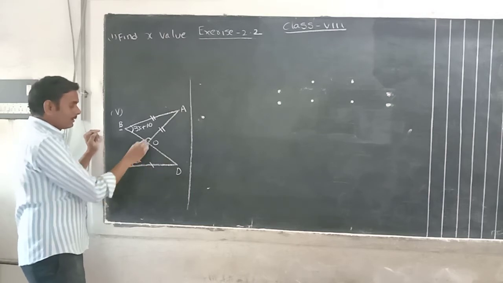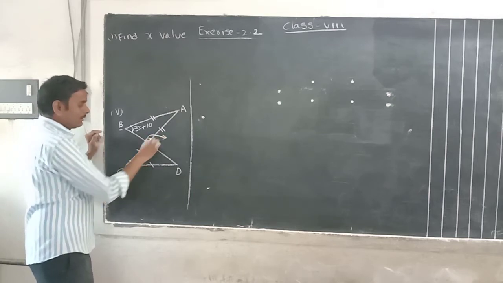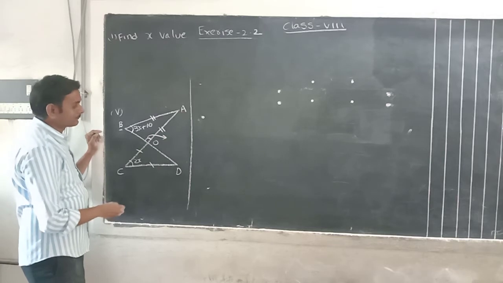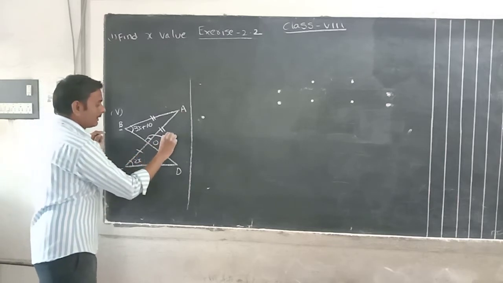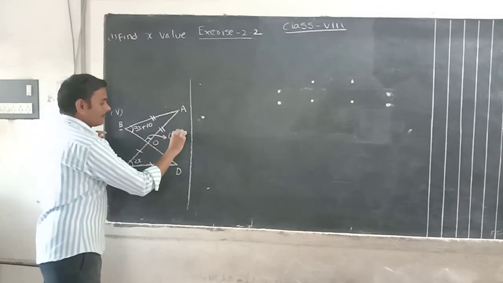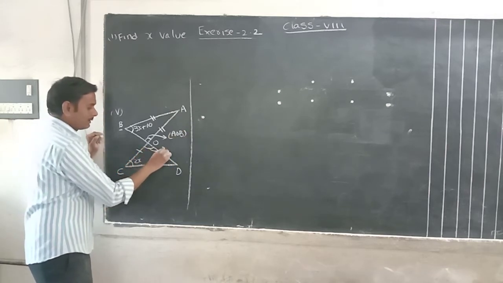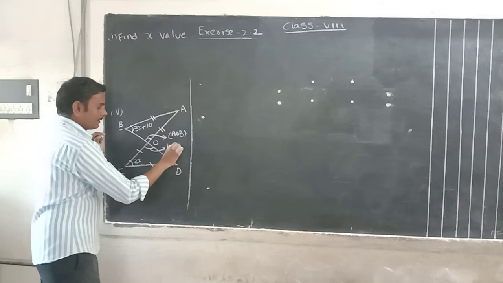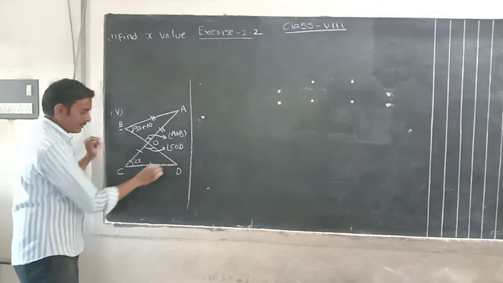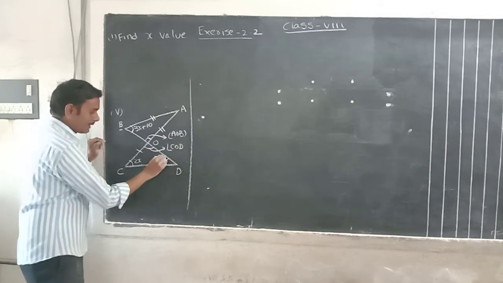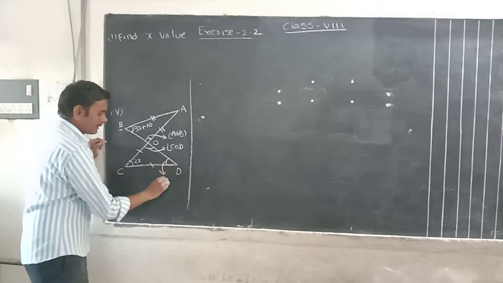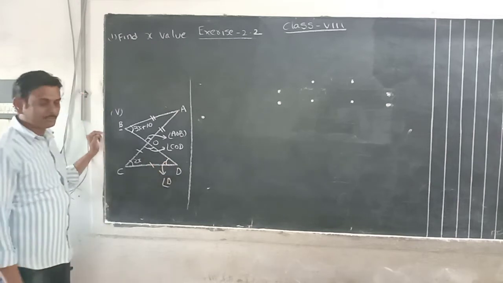What is the name of this angle? The name of this angle is AOB. Here, what is the name of this angle? COD. What is the name of this angle? Angle D. This is the angle D. That one you have to do.